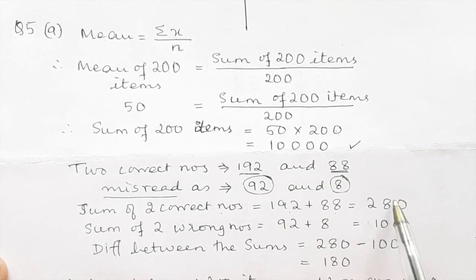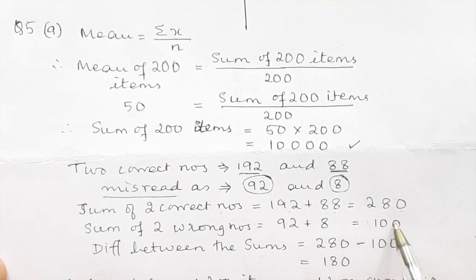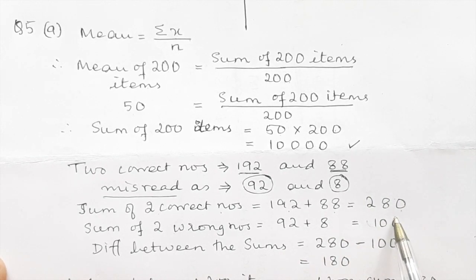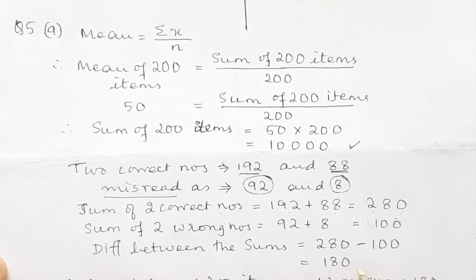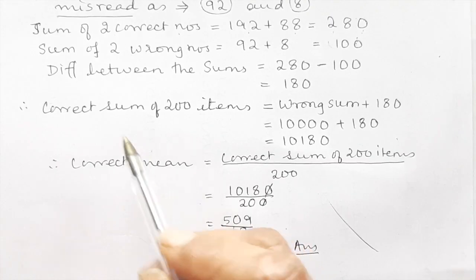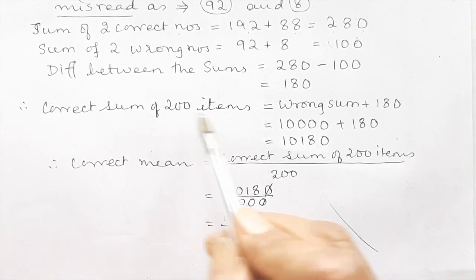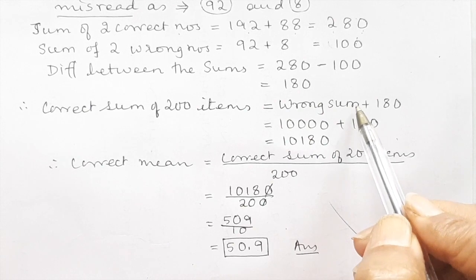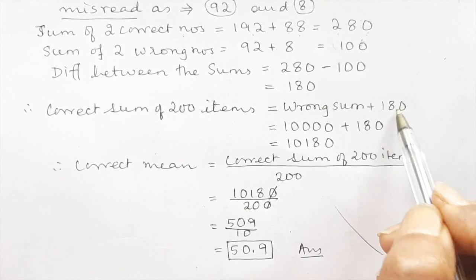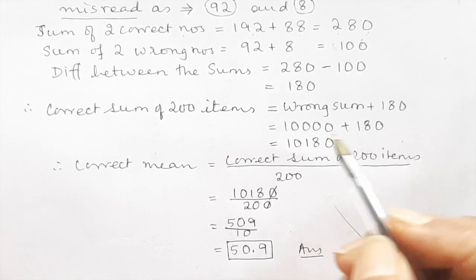What is not included is the difference between the two. So 100 is included, but 180 is yet to be included. So we will write: difference between the two sums will be 280 minus 100, which is 180. And so the correct sum of 200 items will be the wrong sum plus 180, as I told you just a little while ago.